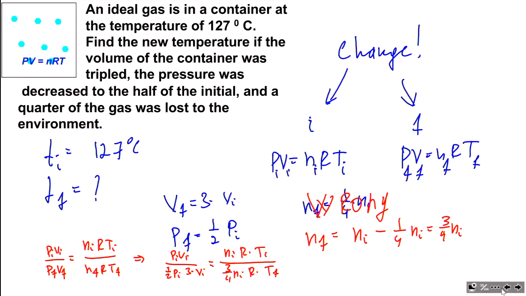Now start canceling. Pressure, volume, number of moles, constant. So 2 over 3 would be equal to 4 over 3 times T initial over T final.